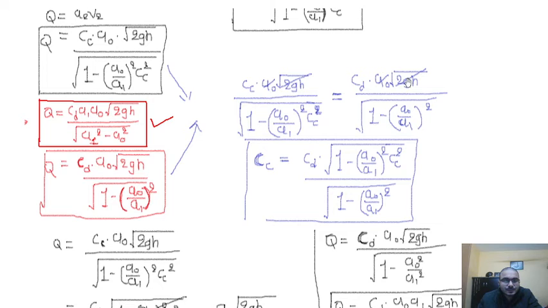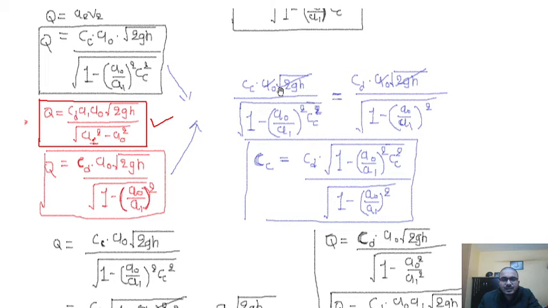That is, Cc into A0 square root of 2gh divided by square root of 1 minus A0 upon A1 whole square is equal to Cd A0 square root of 2gh divided by square root of 1 minus A0 upon A1 whole square.